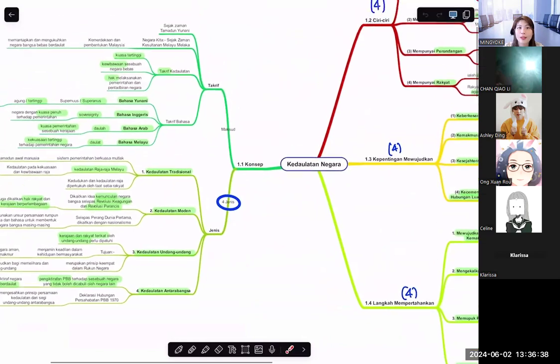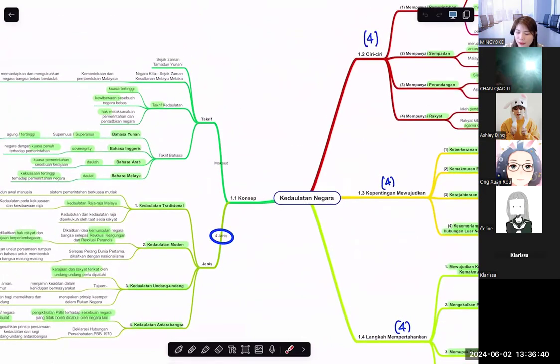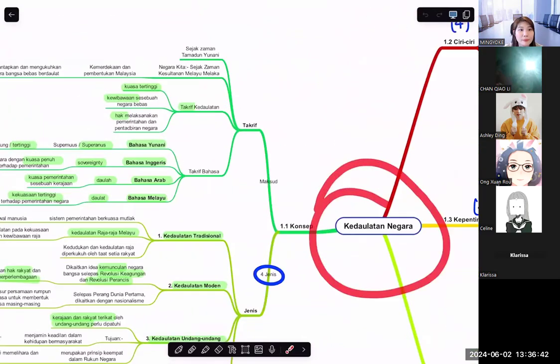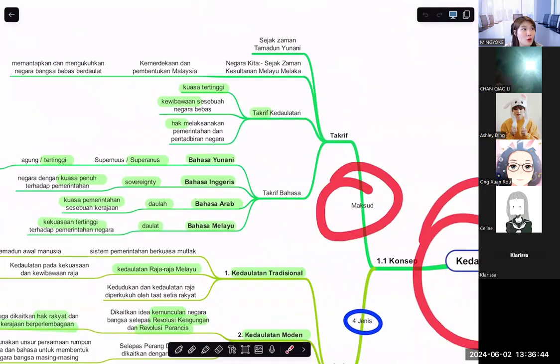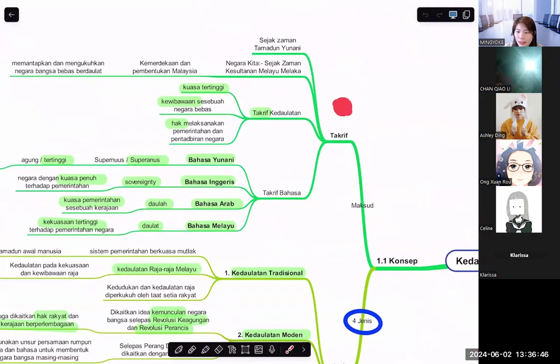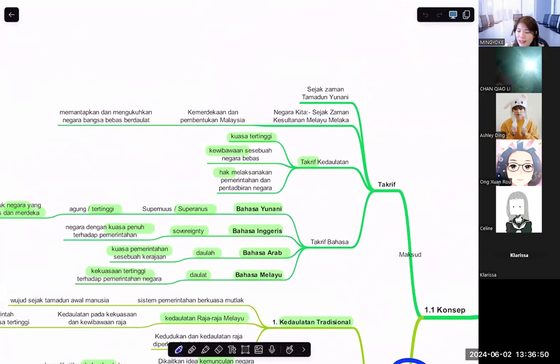Okay, guys, all right, now let's go through. First of all, you need to know sovereignty. What's the meaning of sovereignty? Takrif, the meanings. If they ask you latar belakang, kedaulatan refers to starting from Tamadun Yunani.